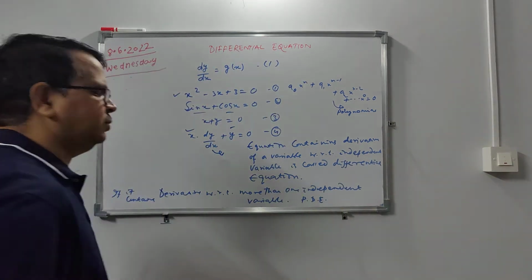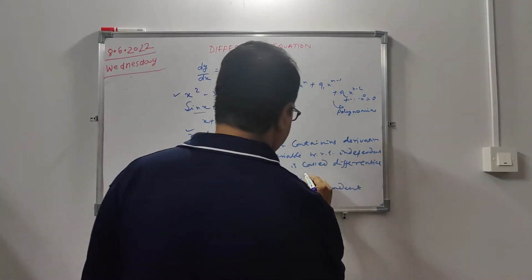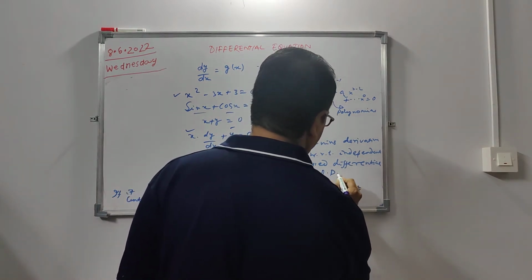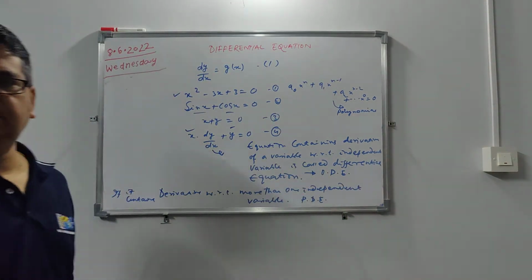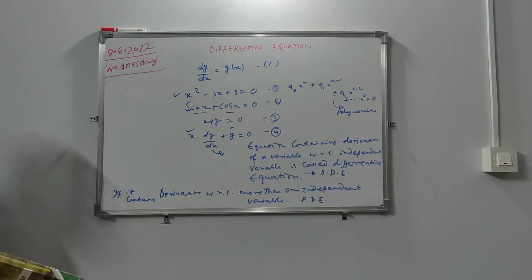Anyway, that is not in our scope. Our scope is the ordinary differential equation, ODE. Until 12th, our scope is ordinary differential equations. In BSc or engineering, they do partial differential equations.